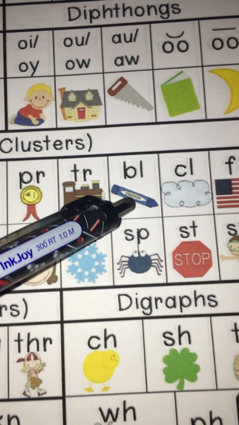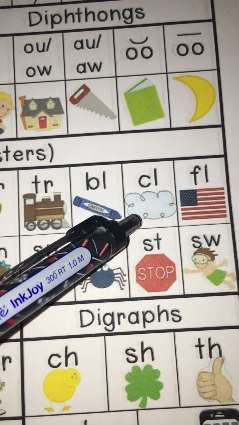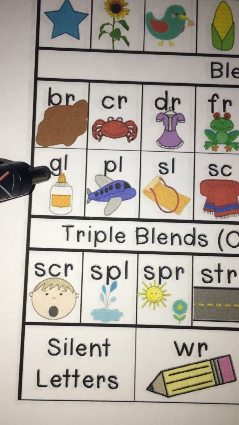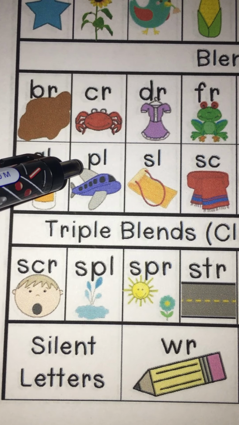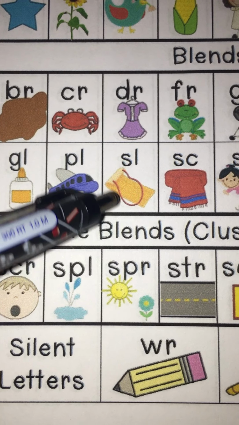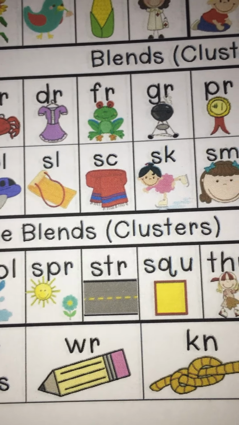BL says bl as in blue. CL says cl as in cloud. FL says fl as in flag. GL says gl as in glue. PL says pl as in plane. SL says sl as in sled. SC says sk as in scarf.